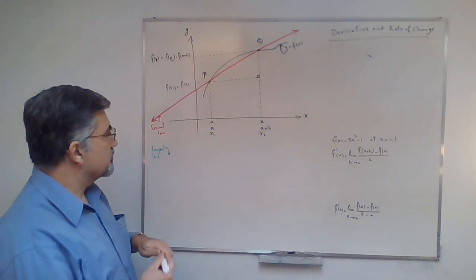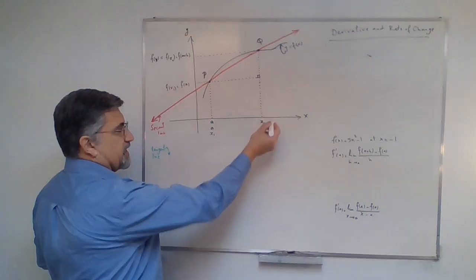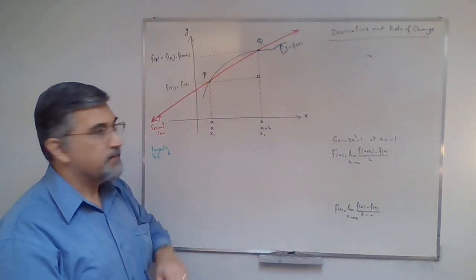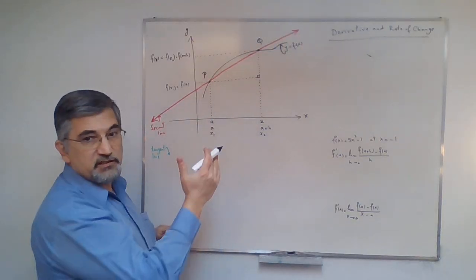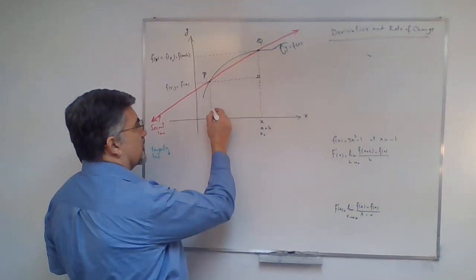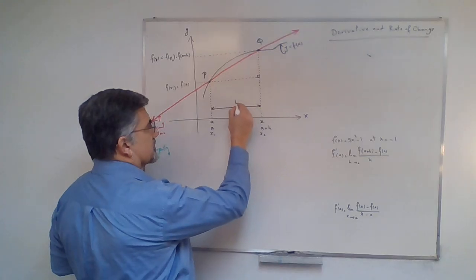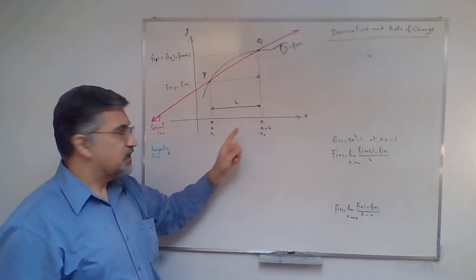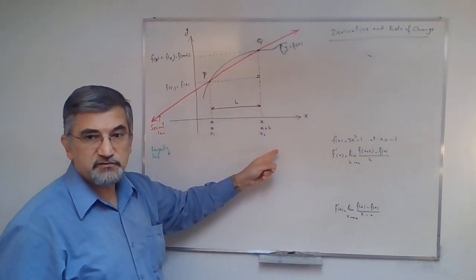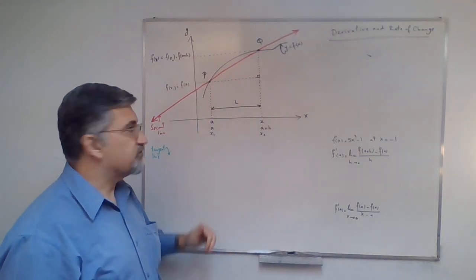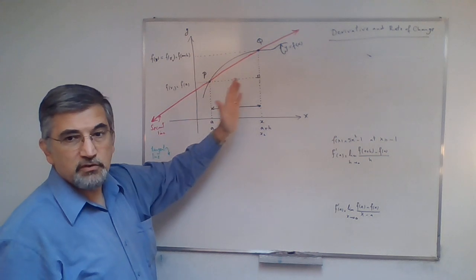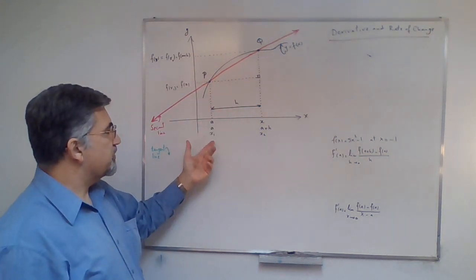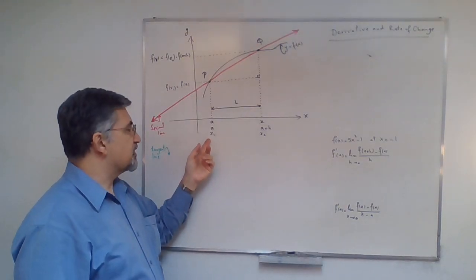Mind you, instead of calling these A and X, you can use a different notation. If the first one is A, and the horizontal distance between P and Q happens to be h units, then instead of using 2 variables such as A and X, you can say one is A, the other one is A plus h, because Q is horizontally h units to the right of point P. Or you may even use subscripts such as x sub 1 and x sub 2.